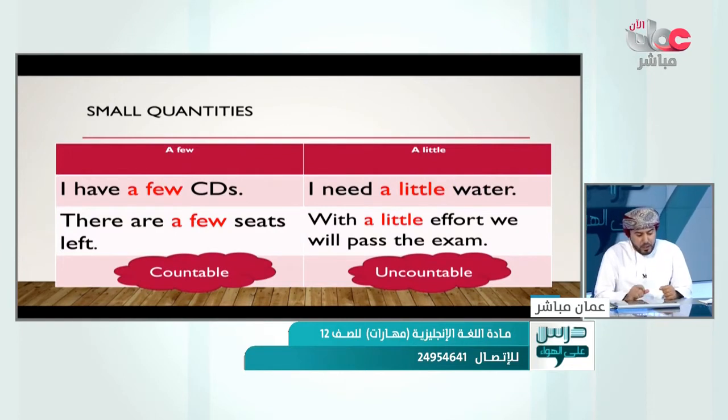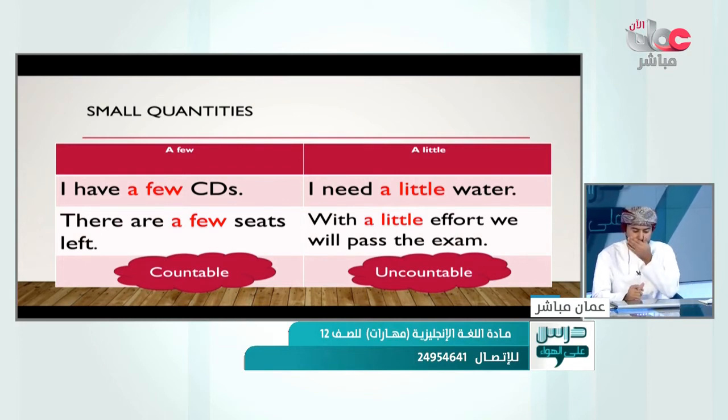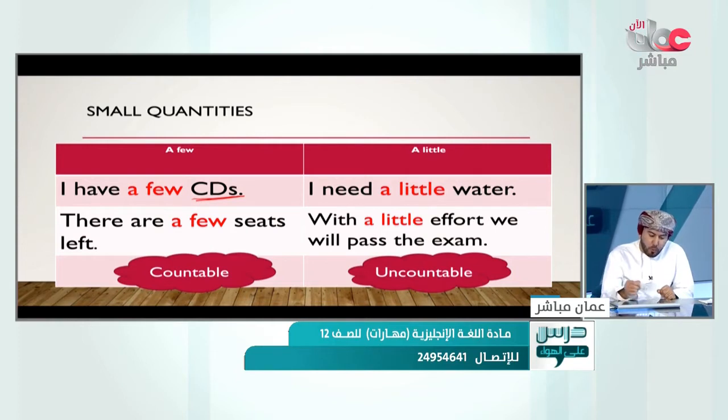Here we have an example about the small quantities. Small quantities like a few and a little. We are going to differentiate what is the difference between a few and a little. It can be seen that a few is followed by countable nouns, let's say boys, tables, students, chairs, sisters.